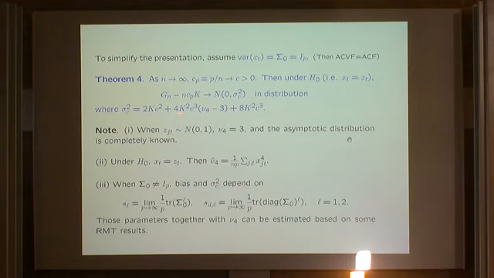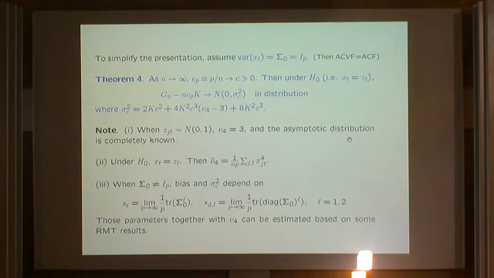When you look closely at this formula, all quantities are given, except you need to estimate the fourth moment of xt and the h naught. And this Cp is just the proportion p over n. So everything is given.